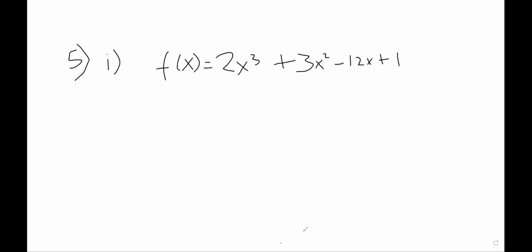Cool. So that's the function given. It's asking us to find the stationary points. So we say, all right, cool, stationary points. Let's find the differential, and then we solve for x values, right?